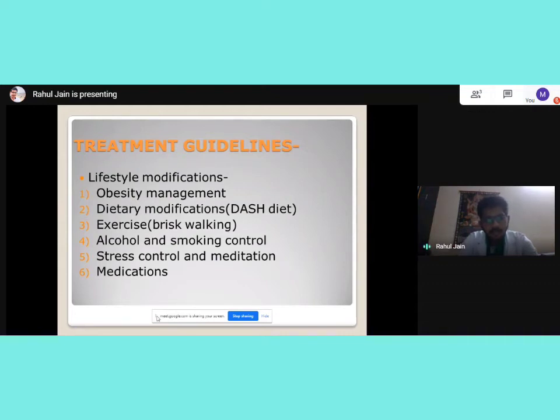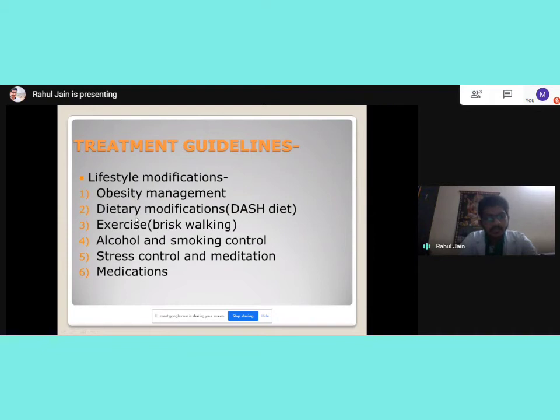So the fat is evenly distributed. There is comparatively less insulin resistance compared to when the whole of the fat is deposited over the abdomen, because the adipose cells undergo only hypertrophy, not hyperplasia. So the more hypertrophy they go through, the more the insulin resistance.